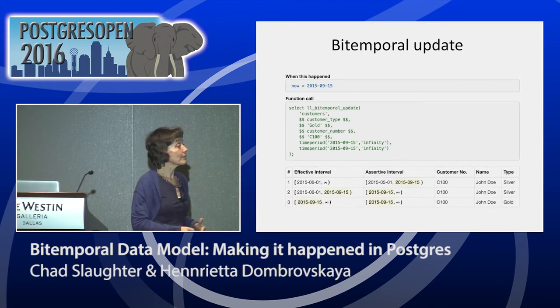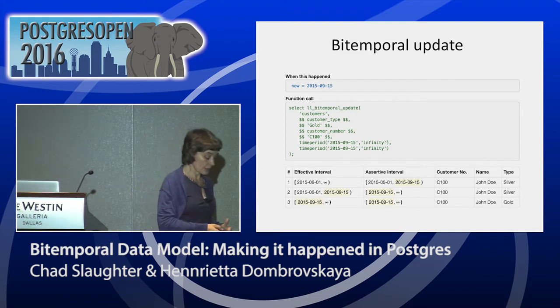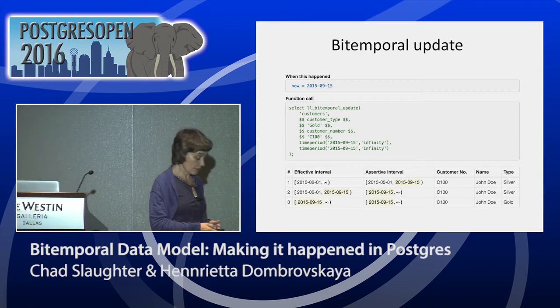The bitemporal update is the same thing as mentioned on the previous slides. We send the same information, but we say that it is not a correction but an update. That's a difference in the behavior of this function.